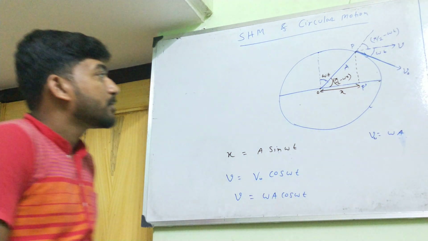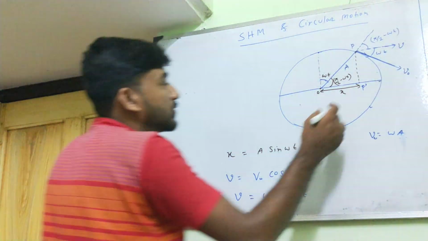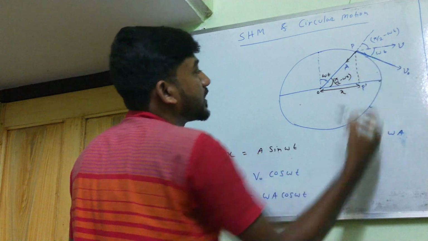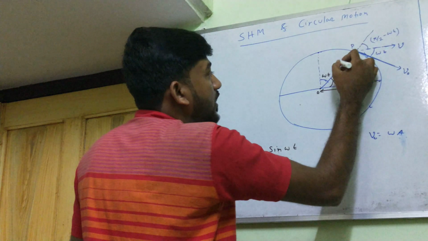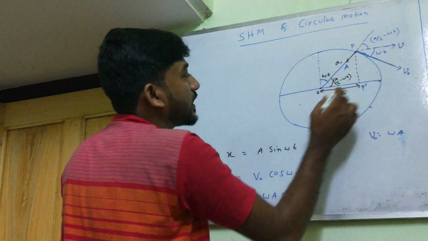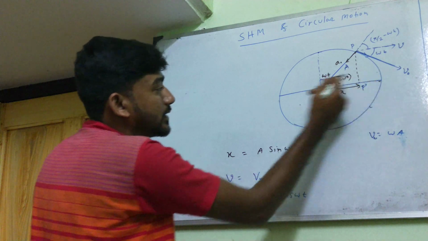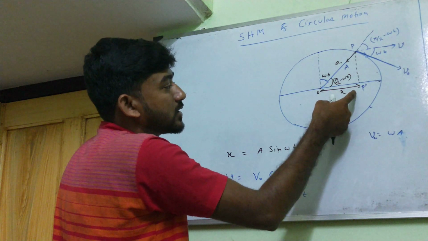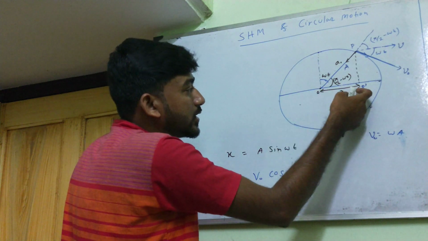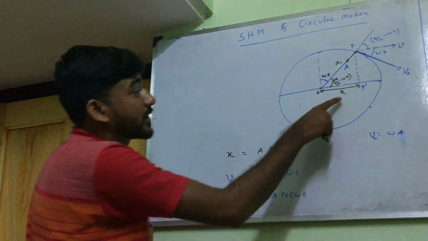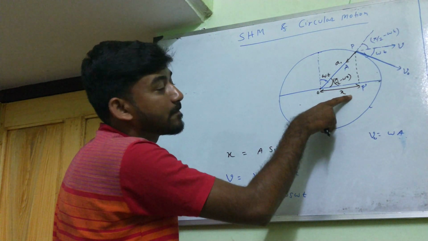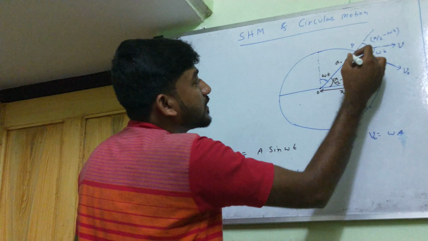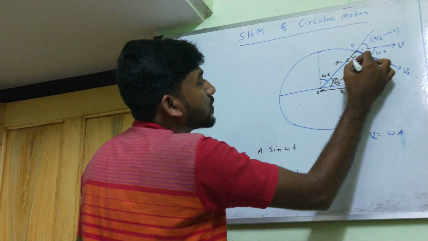Similarly, if we want to know the acceleration of the particle, we know from the circular motion that the acceleration is always towards the origin, or towards the center. And if this is A0, then the component of this acceleration for the SHM will be in this direction. Because you know that the acceleration is proportional to minus x, that is, it is opposite to the direction of position. So as this angle is omega t, this angle will also be omega t.